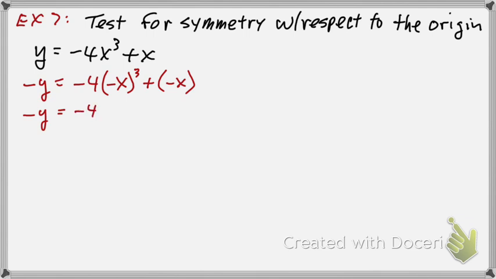Now then, negative x cubed means negative x times negative x times negative x, which is going to give me negative x cubed, right? This is not looking like it's going to work out, right? So I've got minus y. Negative 4 times negative x cubed is 4x cubed minus x.